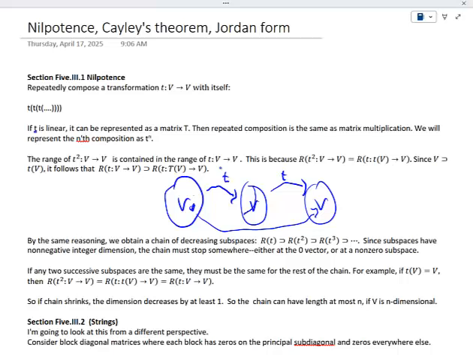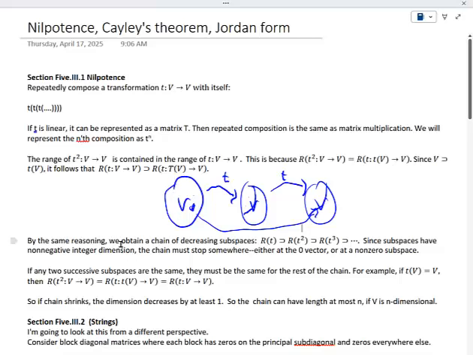So the points that end up over here are simply the action of T on this subset. This subset is contained in V, so it will lead to a potentially smaller set in the final codomain. Okay, so that's why the range of T squared is contained in the range of T.